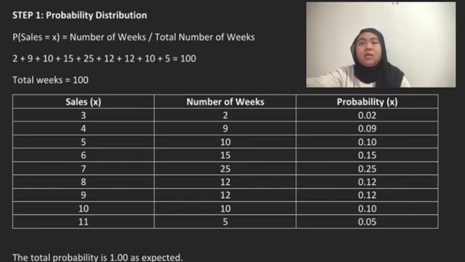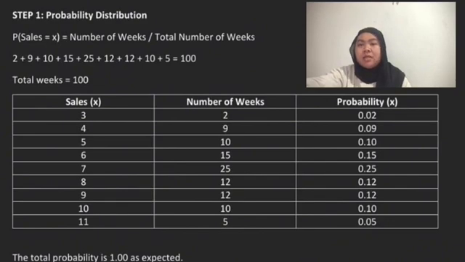This is essentially the likelihood of selling a certain number of heaters in a week. For instance, if sales were 3 heaters, it happens in 2 out of 100 weeks, giving a probability of P(X=3) = 0.02.